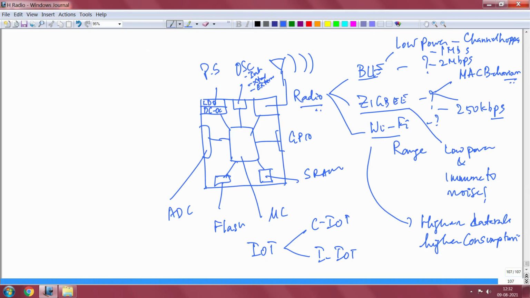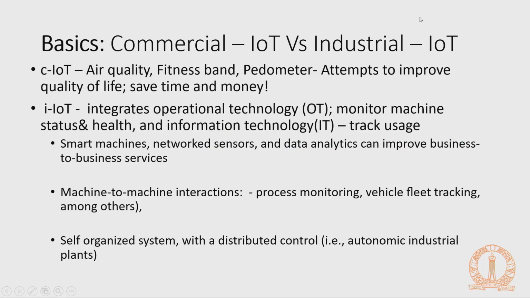If you look at the commercial IoT, we look at stuff like air quality that you want to measure, the fitness band that you know very well, the pedometer applications which essentially do step counting, all of them essentially are revolving around how to improve quality of life, how do you save time and how do you save money and so on. This is mostly human centered and something that will benefit humans, even if it is automated, it is mostly to benefit the humans.